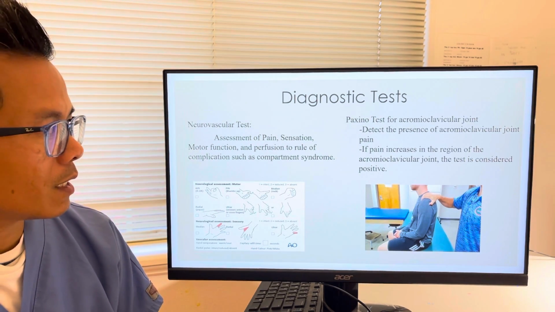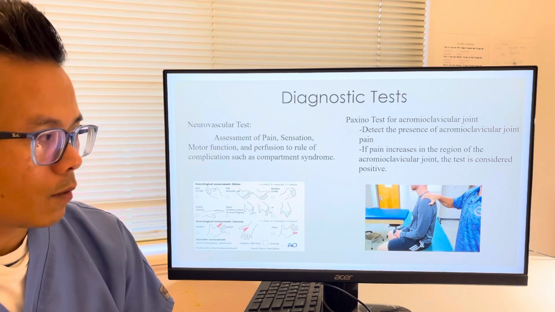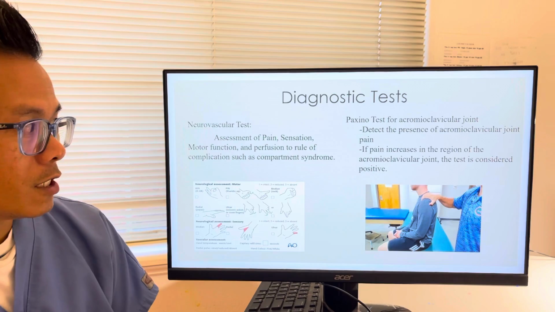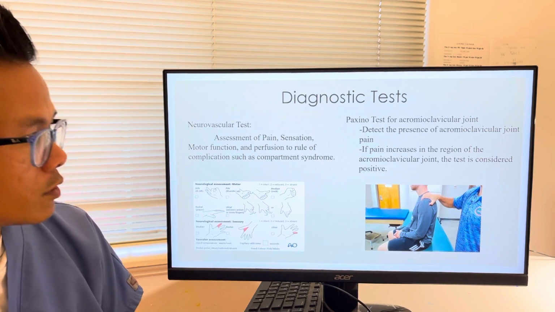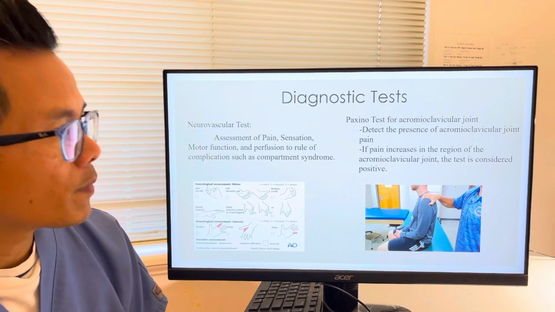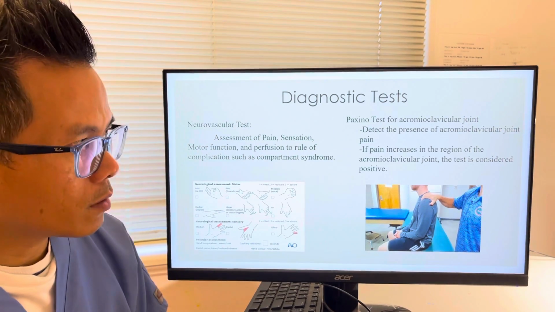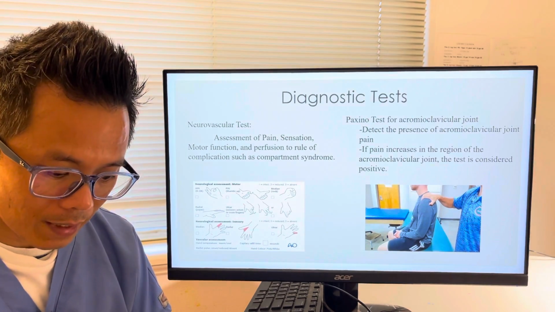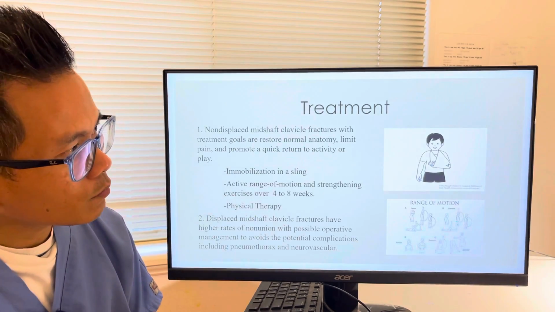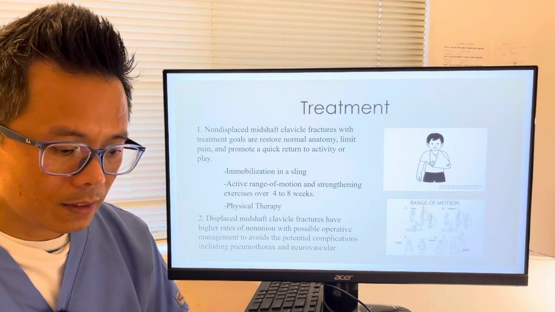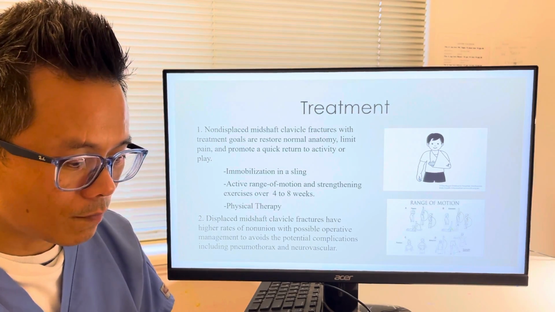One is the neurovascular test, where the assessment is performed for pain, sensation, motor function, and perfusion, to rule out a complication such as compartment syndrome. And then a functional test of the acromioclavicular joint, to detect if the patient will complain of pain.